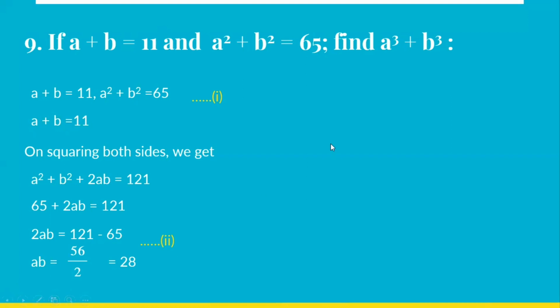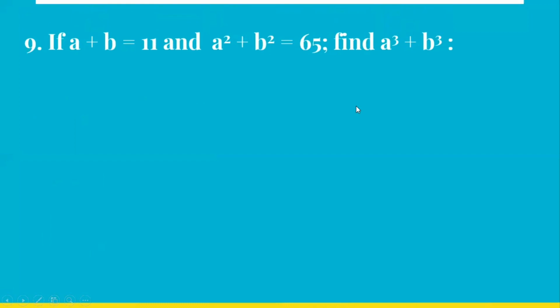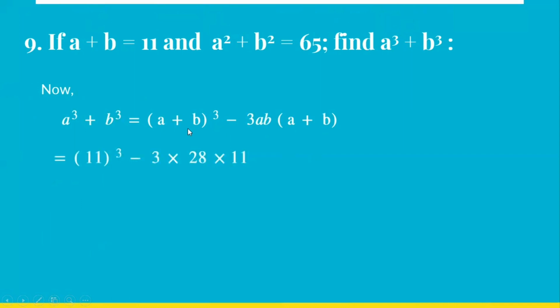Let us start finding the value of a cube plus b cube. We use the identity: a cube plus b cube is equal to a plus b the whole cube minus 3ab in bracket a plus b. What was the value of a plus b? It was 11. So 11 cube minus 3ab, whose value we just calculated as 28, and a plus b is again 11.